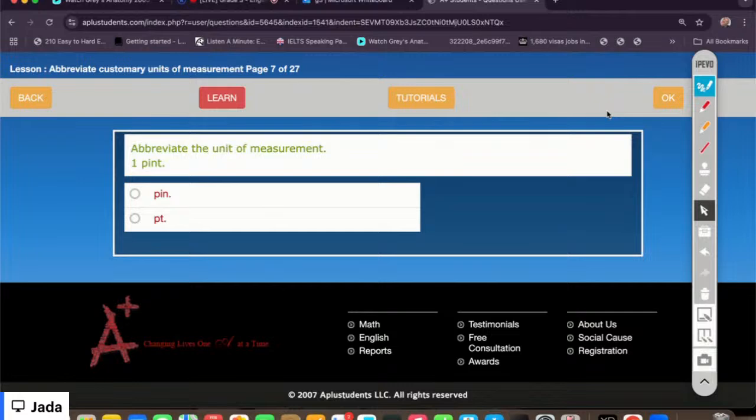So what is for the pints? The abbreviation for 1 pint.